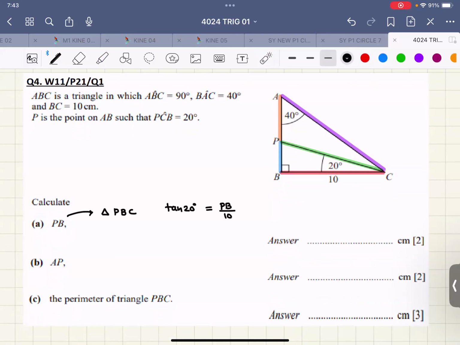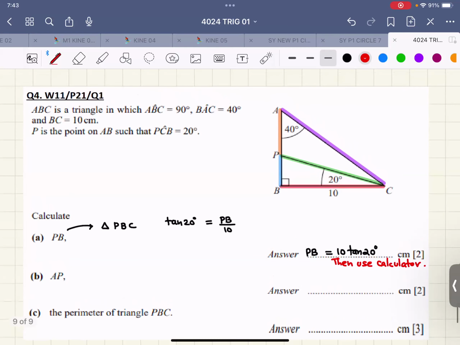BC is 10. So therefore, PB equals 10 multiplied by tangent of 20 degrees. Once you are done with this, then use the calculator, not before that. Save your energy, save your calculator battery, save your approximation. That's how we do things. Now, this is a paper 2 question.